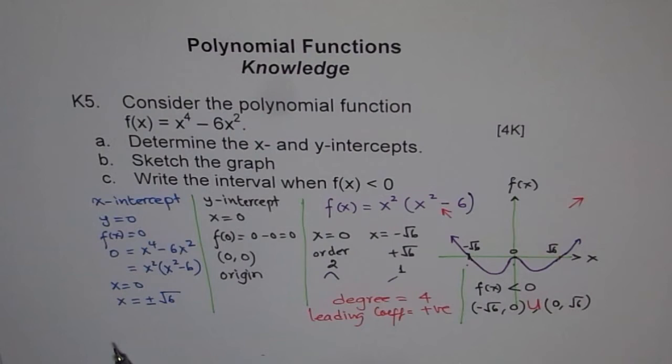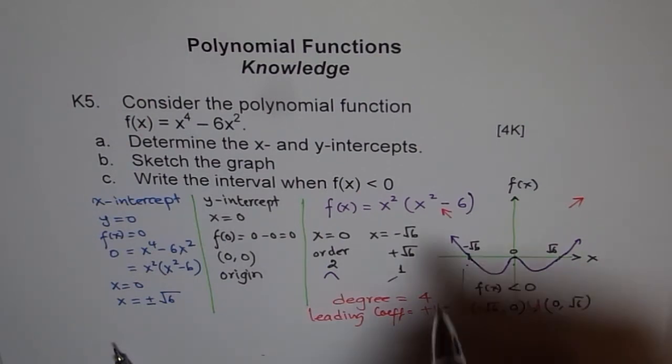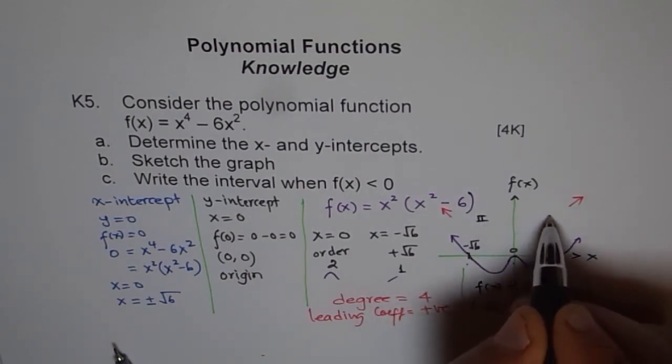Do you see this graph has even symmetry and behavior? As x approaches minus infinity, y approaches positive infinity. As x approaches positive infinity, y approaches positive infinity. It opens upwards. It's an even degree function with a positive leading coefficient, and therefore it goes from quadrant 2 to 1, right?